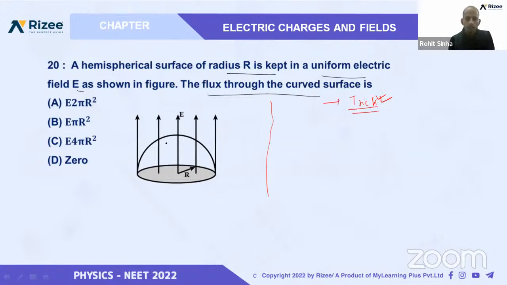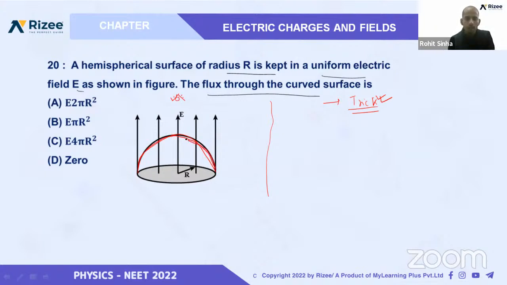Now, if flux is asked for any surface, what do you have to find? Here it is asking for the curved surface. If you are present here, what will you see as the image of this curved surface?